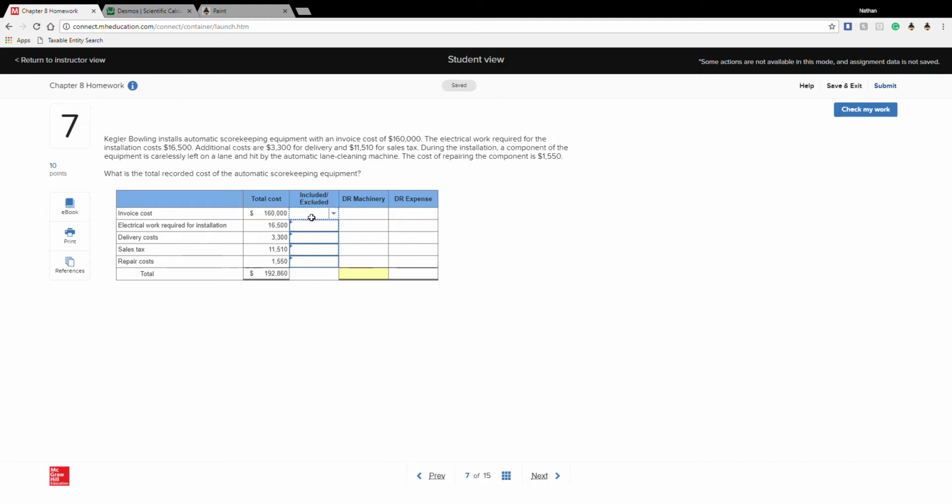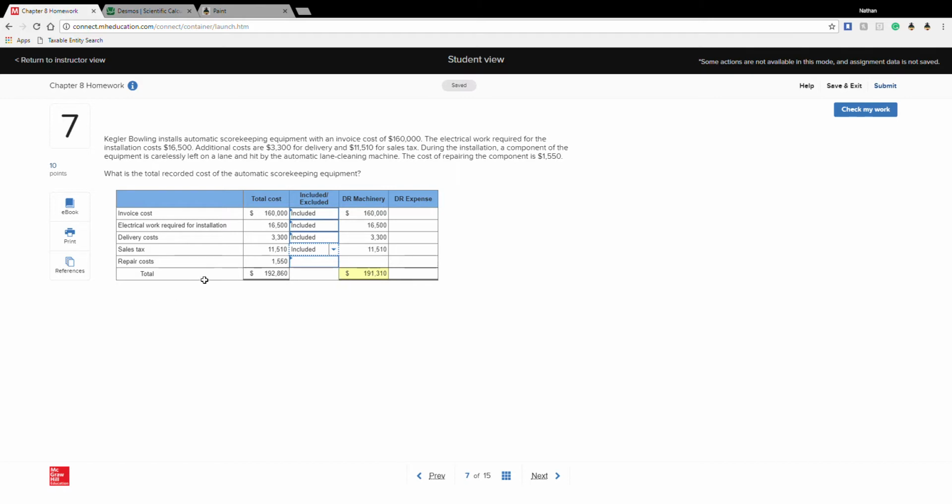So first off, it's going to say include or exclude. Of course, the cost of the machine is included. Now, electrical work required for installation. It can't work unless it's got the electrical work done. So of course that's included also. And then any freight and sales tax is included.